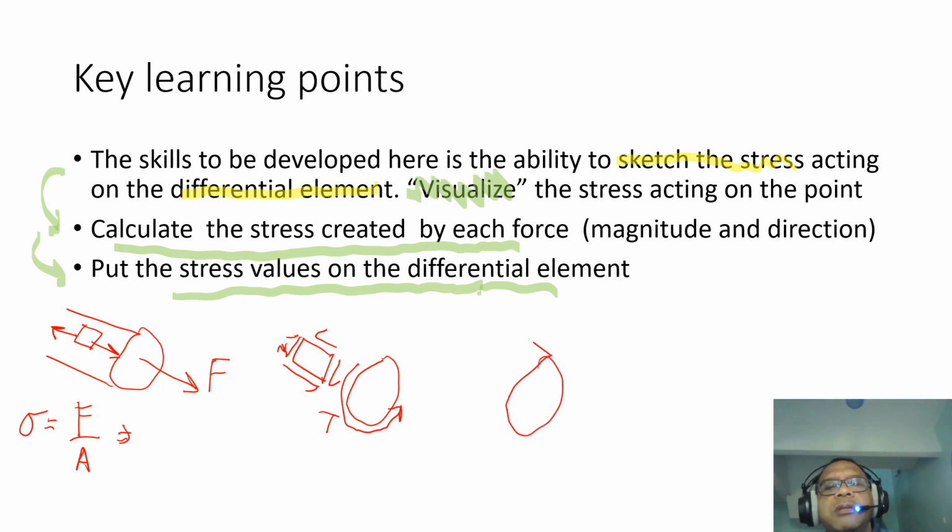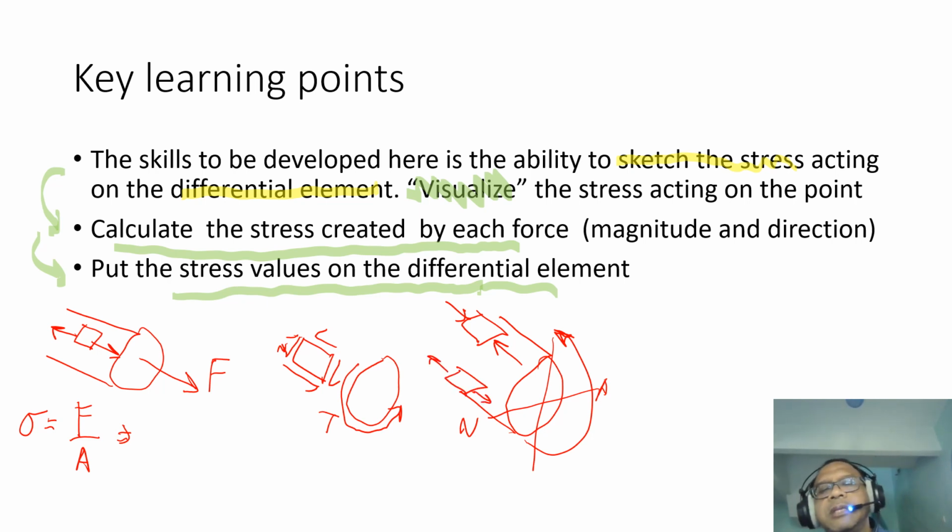And for bending moment, you must know where your neutral axis is, and then on the top there is compression, and at the bottom it is tension. Again, I'm trying to make sure that you can all draw the differential element and label the stresses acting on it.